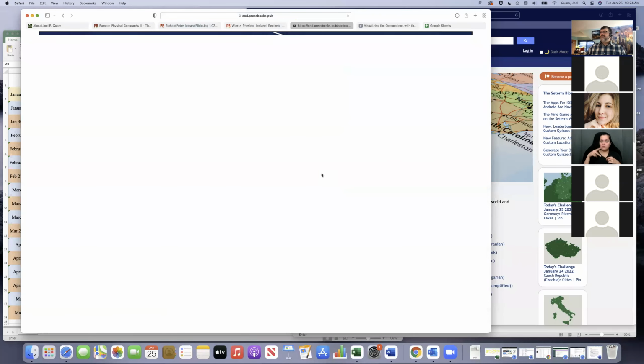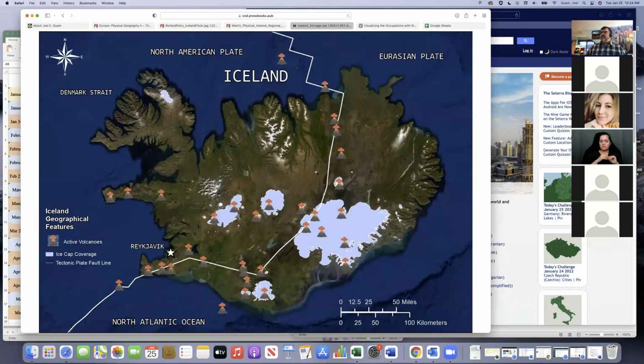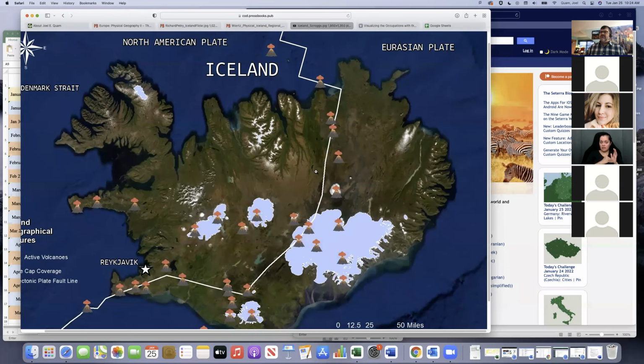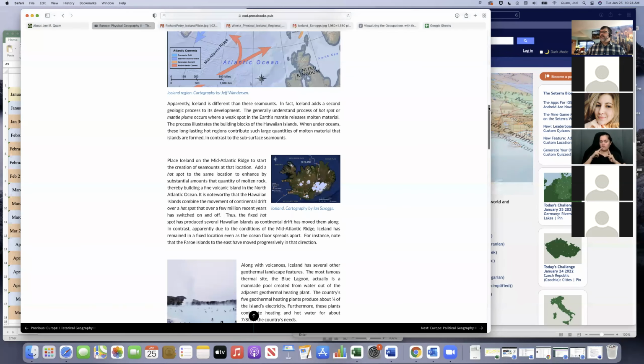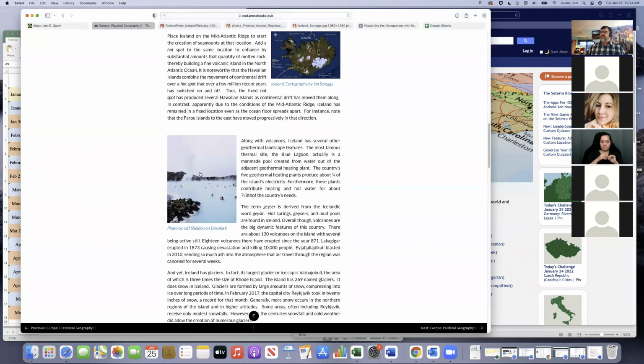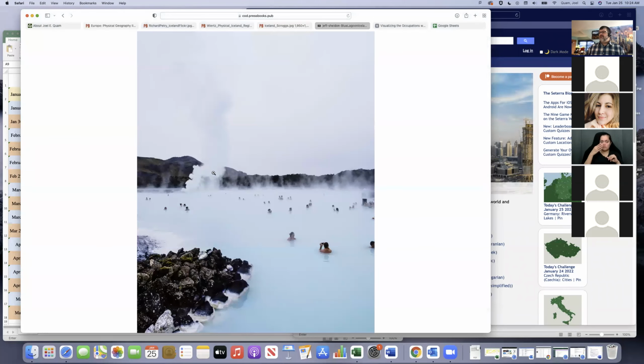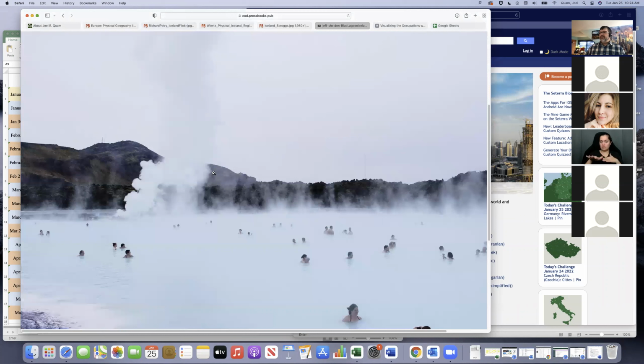It's clickable. Yeah, opens up big. This one we can even click again and it's, well, slightly larger still. So we're getting a look at volcanoes and glaciers here on Iceland, thus physical geography. Here's the famous Blue Lagoon in Iceland. Very big photo here on the screen now.